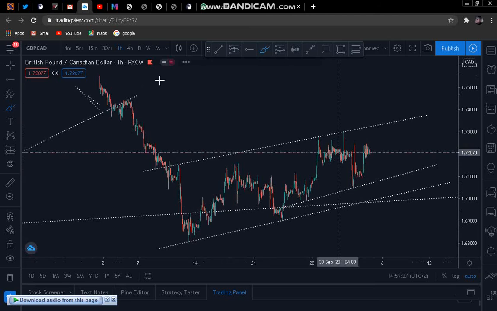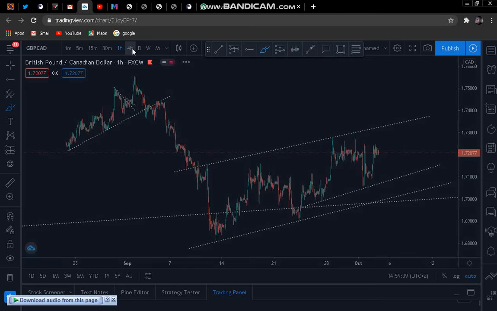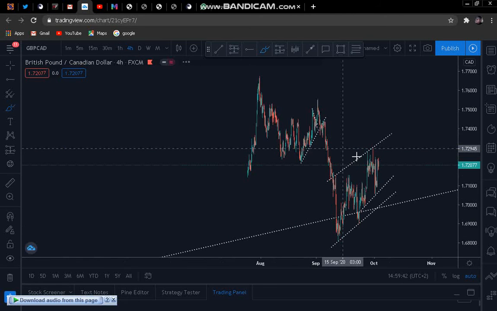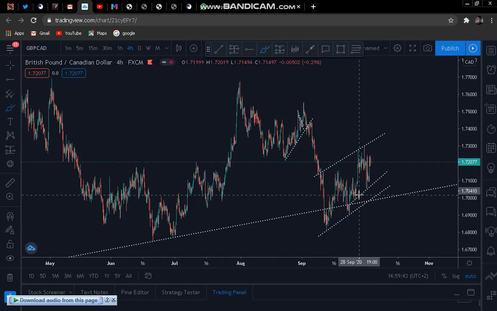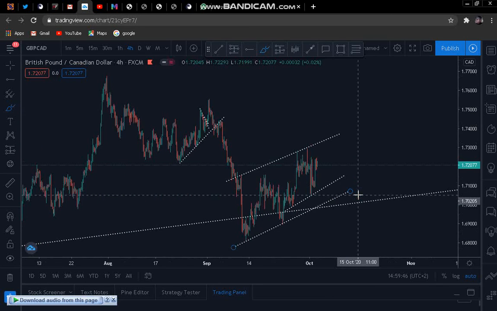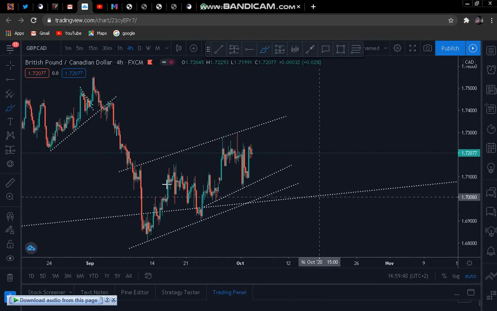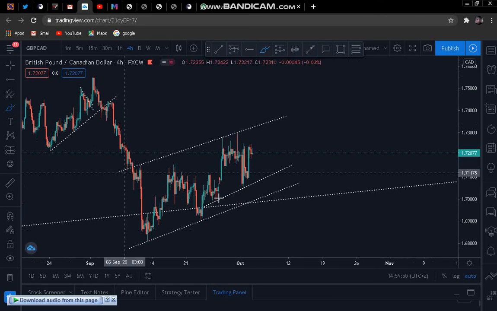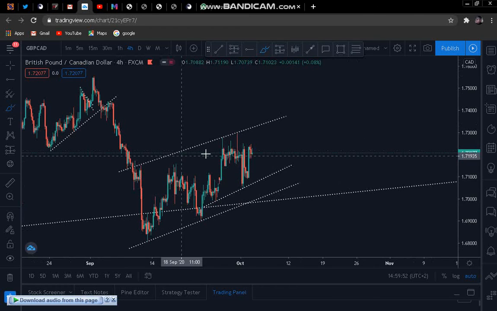We're still looking at the same structure when it comes to GBP pairs. Still an ascending channel, and an ascending channel that has been formed inside.